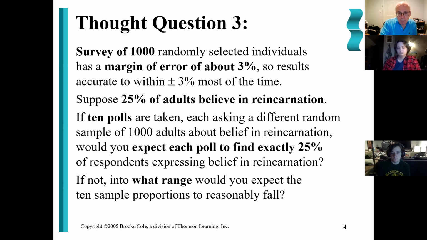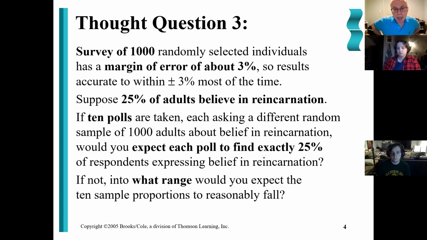All right, because these are samples, right? Different people. We're not looking at all the people in the population. We're looking at a sample of 1,000 people. So would we expect exactly 25%? No. Maybe on average we would, but certainly not for that particular poll. If not, into what range would you expect the 10 sample proportions to reasonably fall?